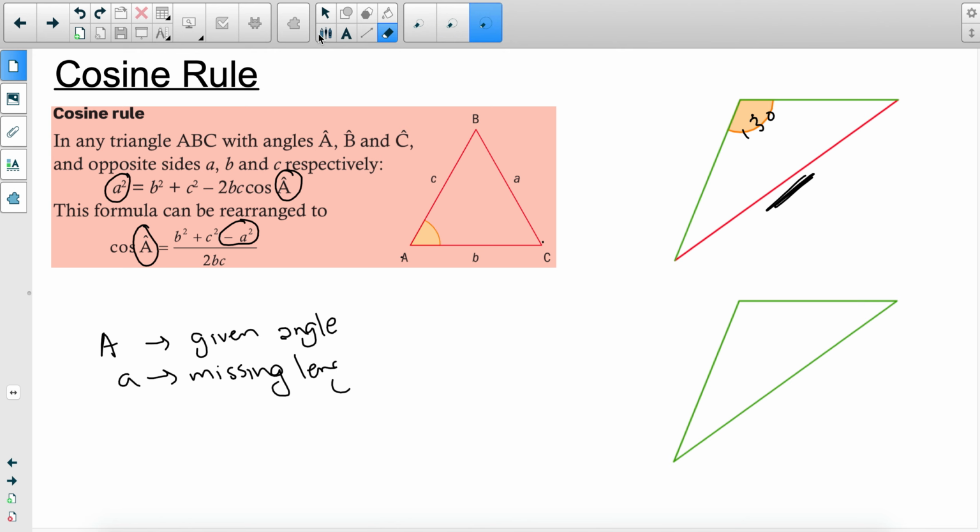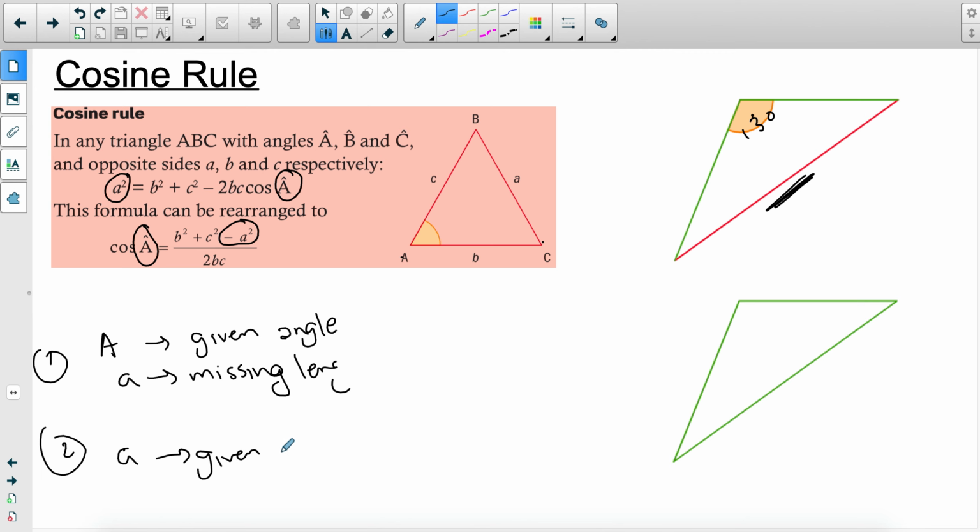And similarly in the other case, the second case, it's when A is your given length, then you need to match it with your missing angle. This is quite important, because your A will be negative, so you need to make sure which length you are subtracting.